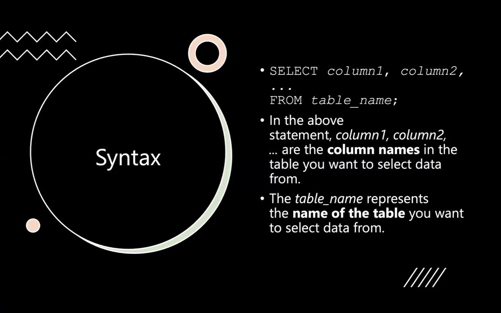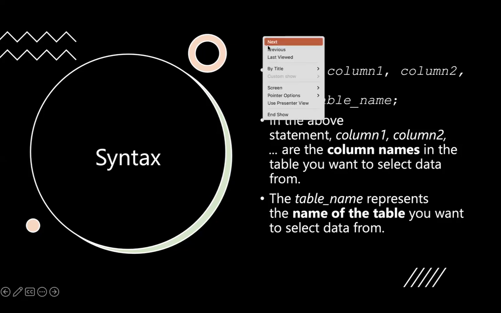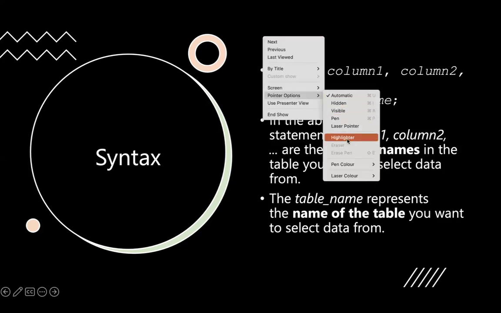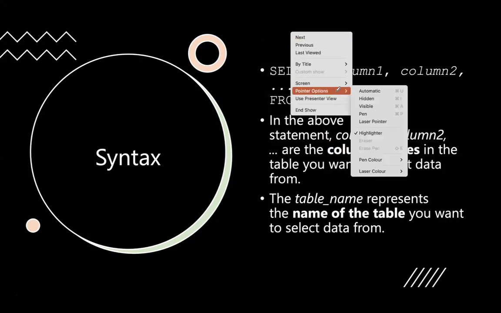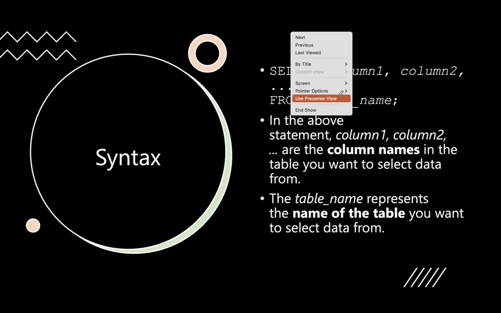Select column, this is the syntax for how to use this command called select. You select your column name, comma, you put another column name, until the ones you prefer to return are over, then you put from the table name. Let me add my highlighter here so that you're able to view what I'm talking about.